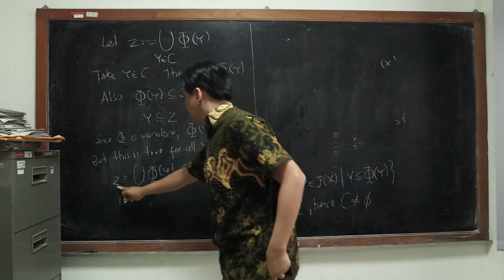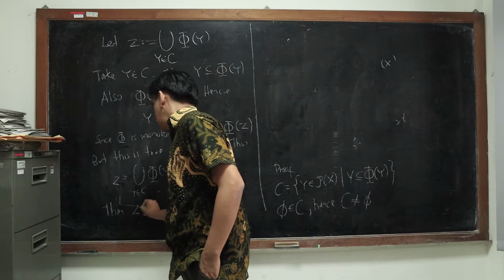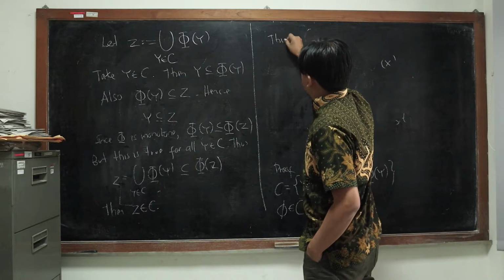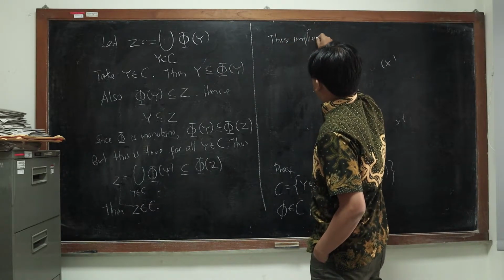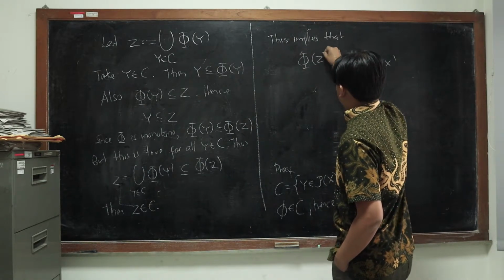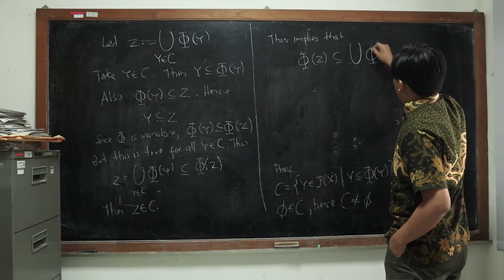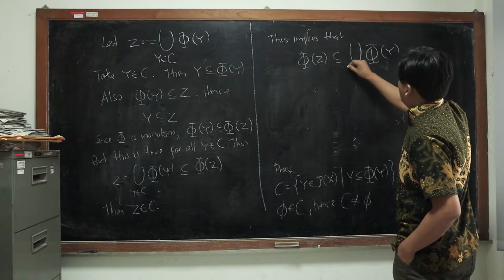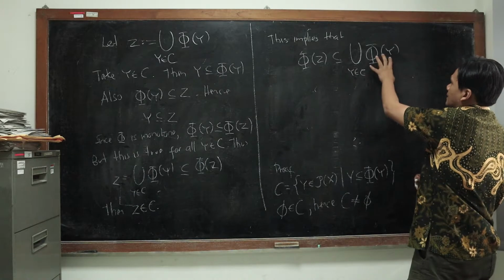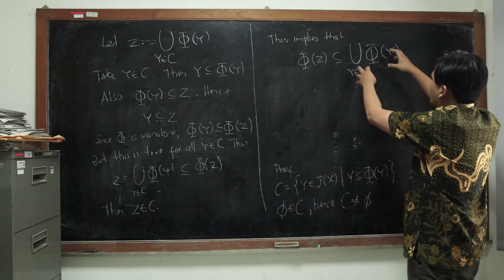From here, Z is an element of C. This implies that phi of Z is part of this union of all phi of Y, where Y is coming from C, because when Y is exactly Z, phi of Z is one of the sets that we combined here.